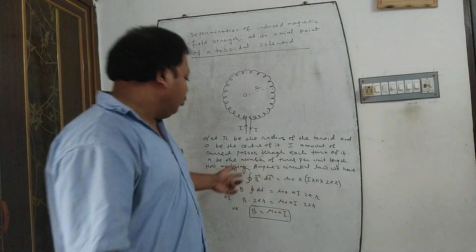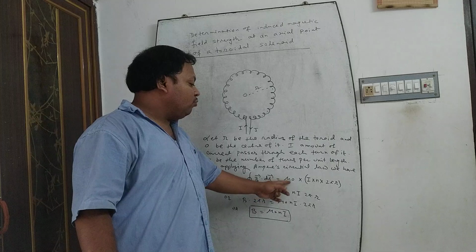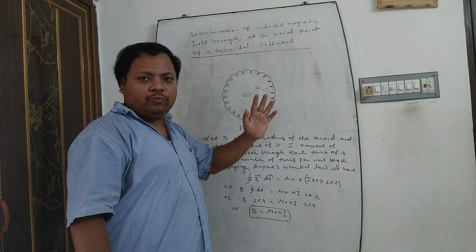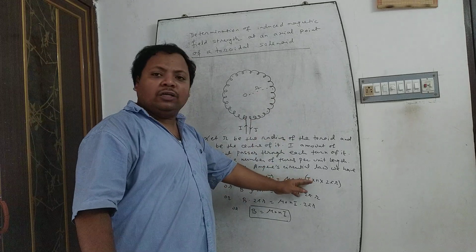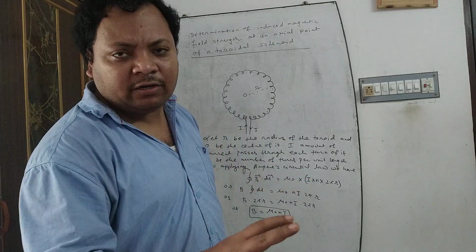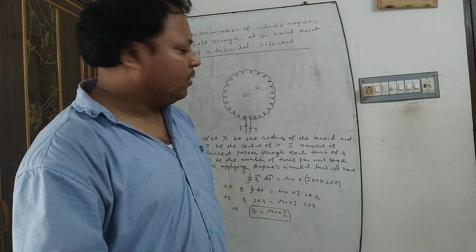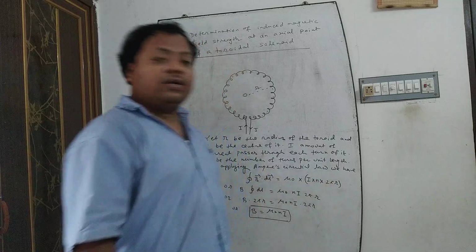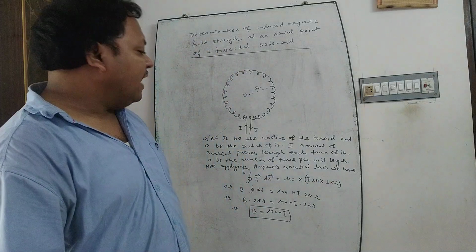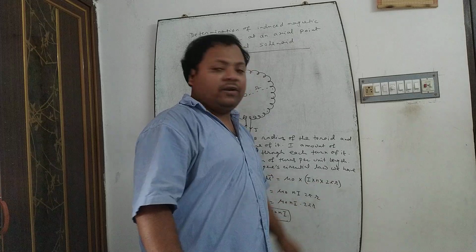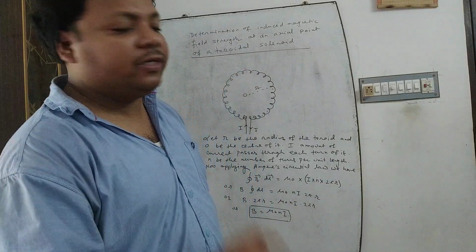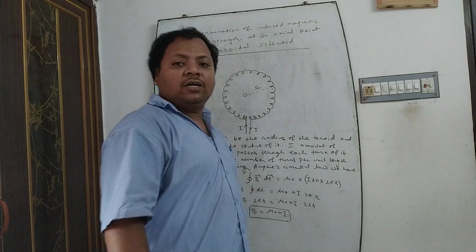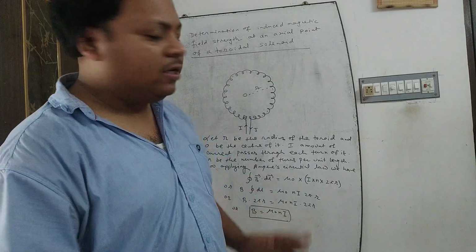We have closed integration of B dot dl is equal to mu 0 into the total current in this closed loop. Mu 0 into I, the current passing through each turn, into the total number of turns, that is n into 2 pi r. 2 pi r is the circumference of this toroid. n is the number of turns per unit length.